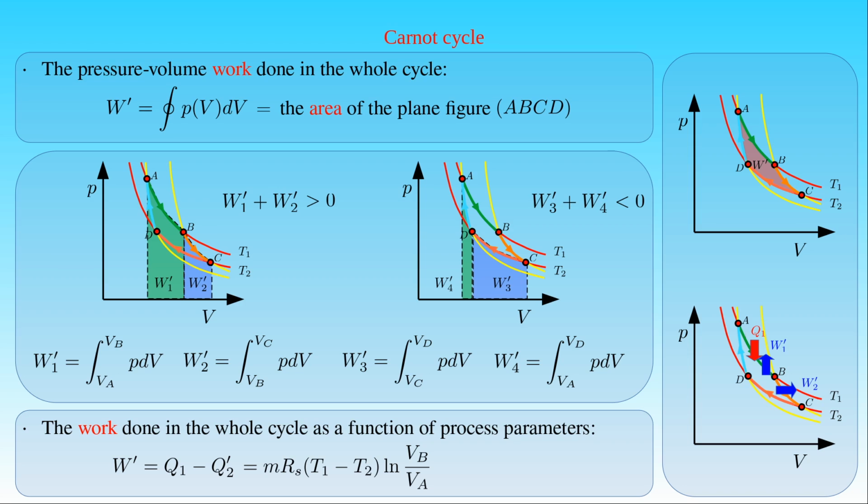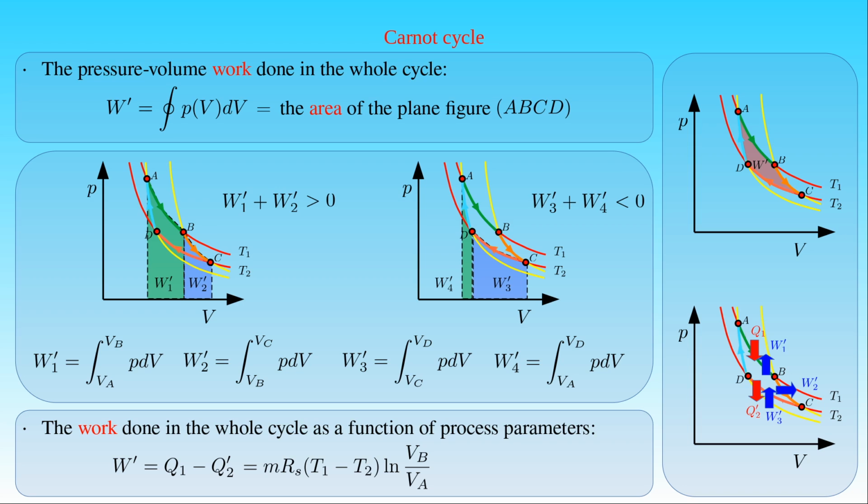Therefore the arrow representing the work W'2 points outside the closed curve connecting the points A, B, C, and D. In the third process, where the gas undergoes an isothermal compression between the states C and D, the gas releases the heat Q'2, which is represented by an arrow pointing outside the plane figure defined by the points A, B, C, and D. Its direction indicates that the heat Q'2 released by the gas reduces the internal energy of the system. The negative work W'3 done by the gas during its compression increases the internal energy stored in the system, which is indicated by the arrow pointing inside the plane figure.